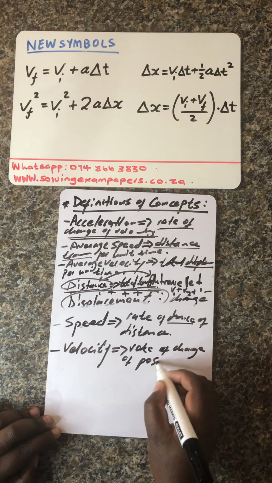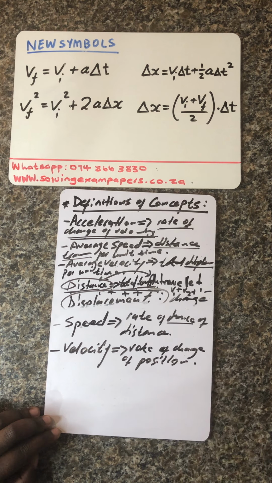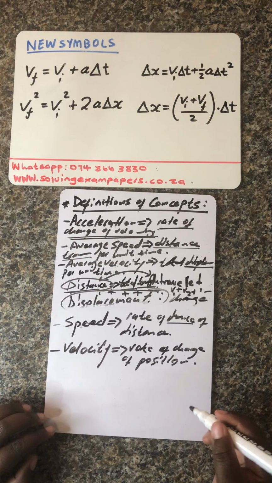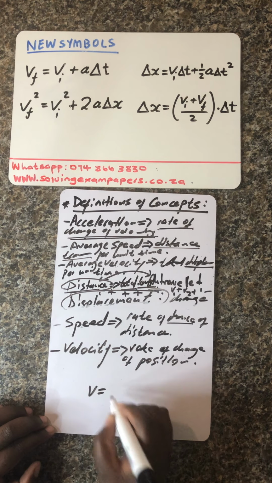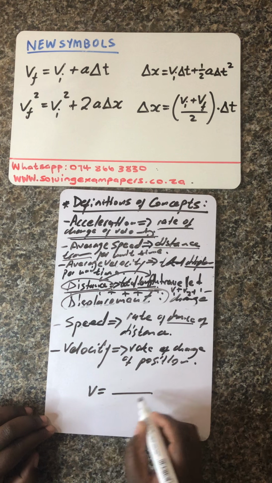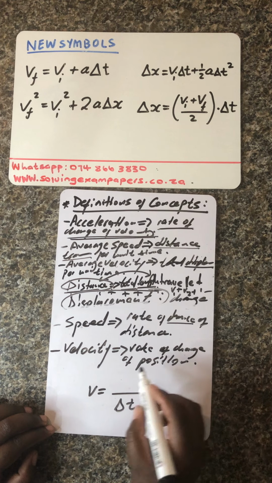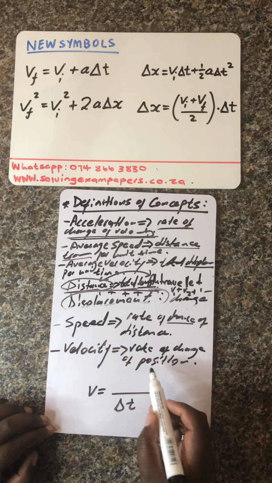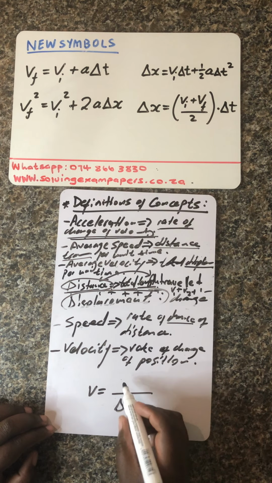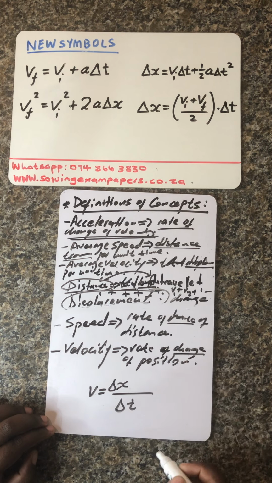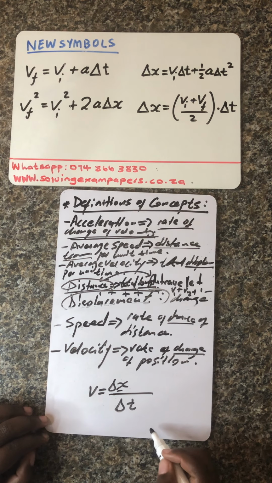In terms of an equation, you can just say v is equal to, remember the rate, it will be anything over time. In this case, that anything is the rate of change of position. So change of position, delta, because of the word change, position can be represented by x.